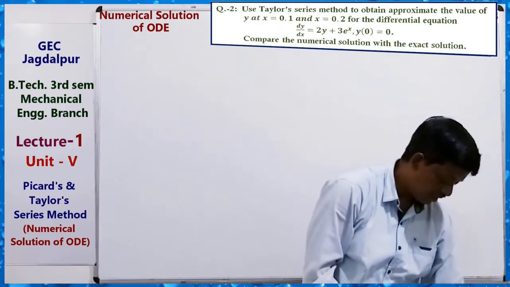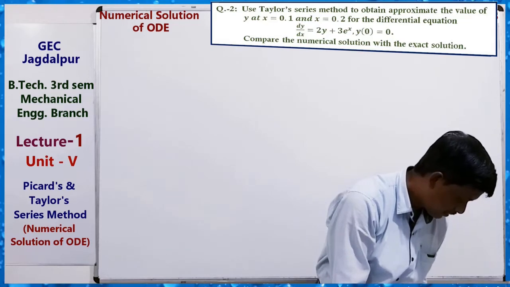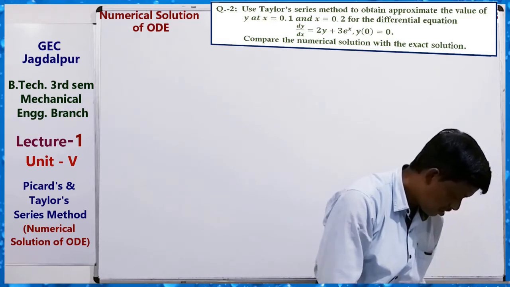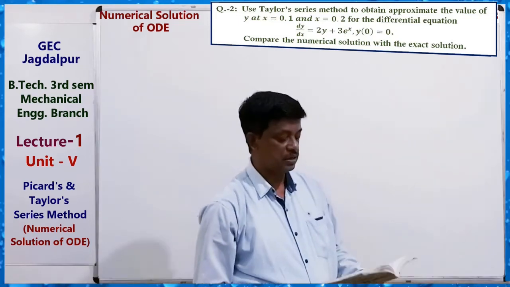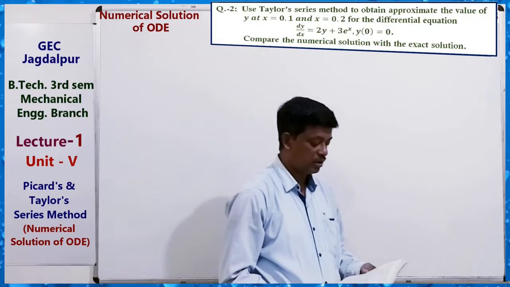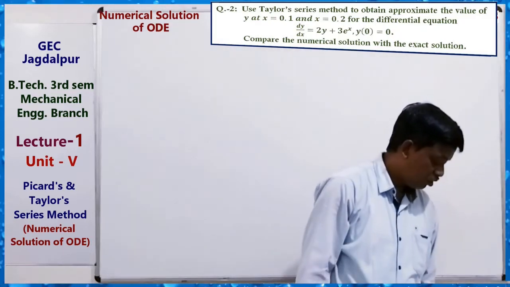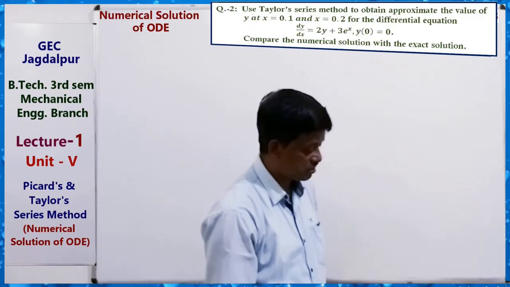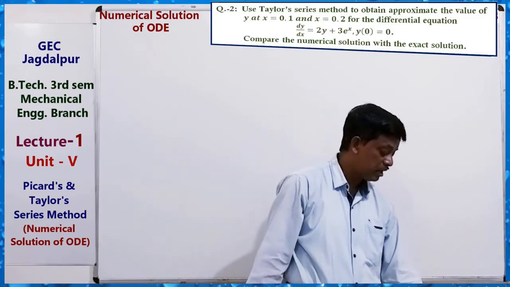Use the Taylor series method to obtain an approximate value of y at x equal to 0.1 and x equal to 0.2 for the differential equation dy by dx equals 2y plus 3 e to the power x, y(0) equals 0. Compare the numerical solution with the exact solution.